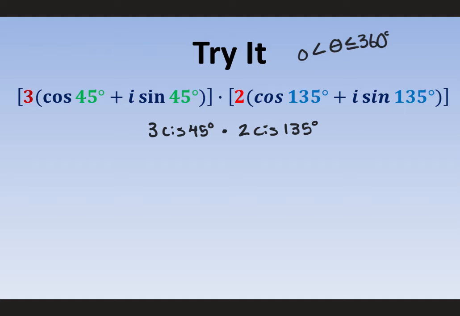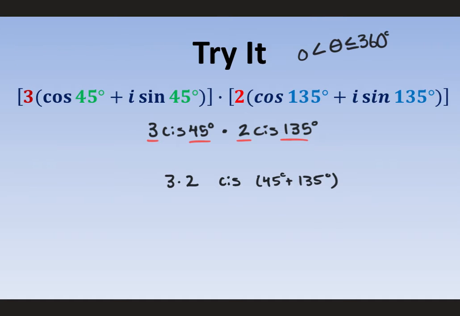But yeah, this is it. We're going to multiply the coefficients, so 3 times 2, and then we're going to add the thetas together, the 45 and the 135. So we end up with 3 times 2 CIS, and then 45 plus 135 degrees.